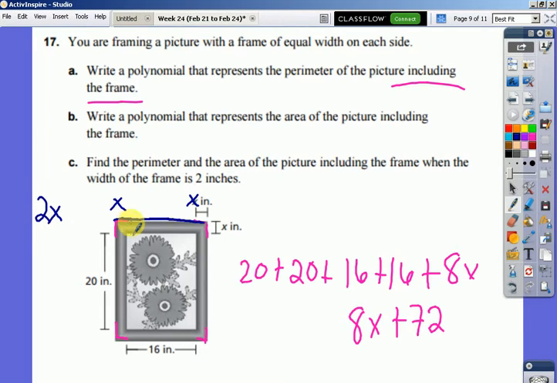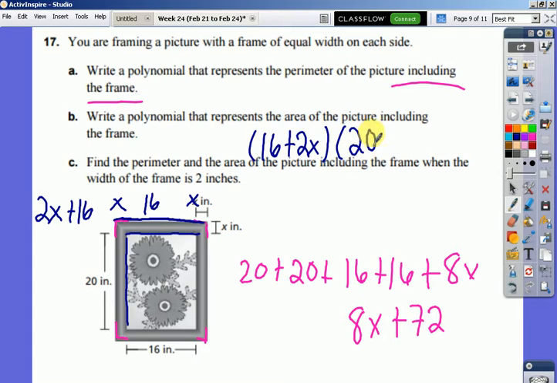And then what's the length of the picture from here to here? 16. So that's one side, right? One side is 16 plus 2x. What's the other side? The longer side. 20 plus 2x, right? So I have 16 plus 2x times 20 plus 2x.